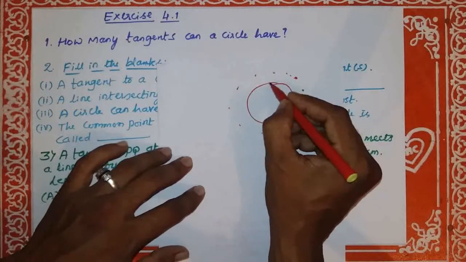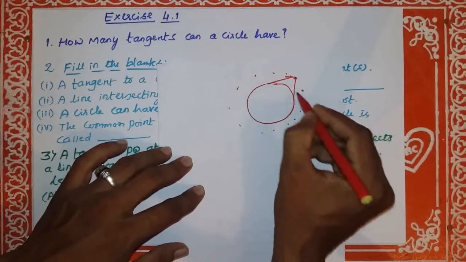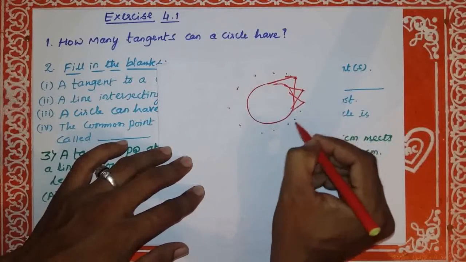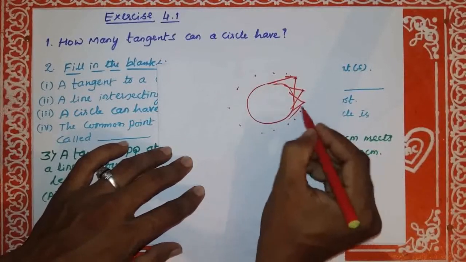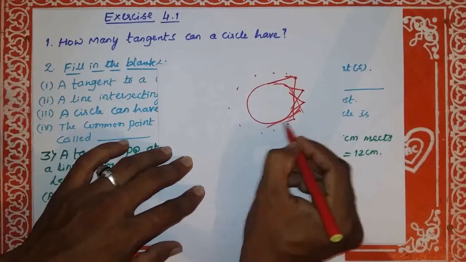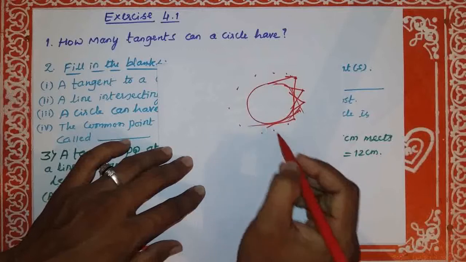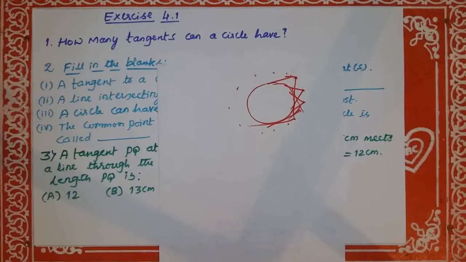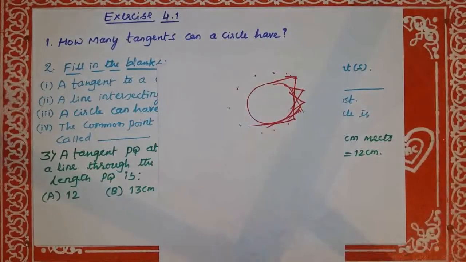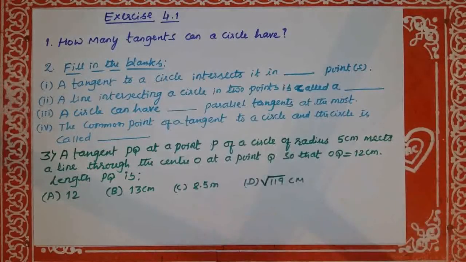This is a tangent, and this is also a tangent, and this is also a tangent. We can draw so many tangents. It is nothing but infinitely many tangents can a circle have. That is the answer.